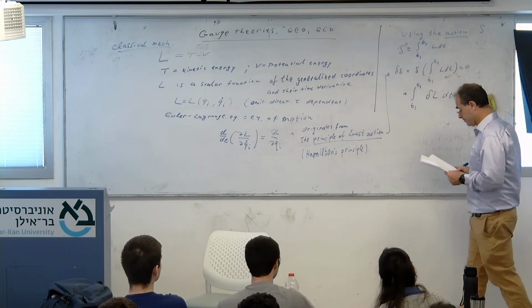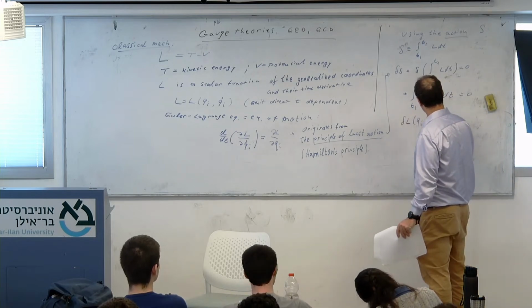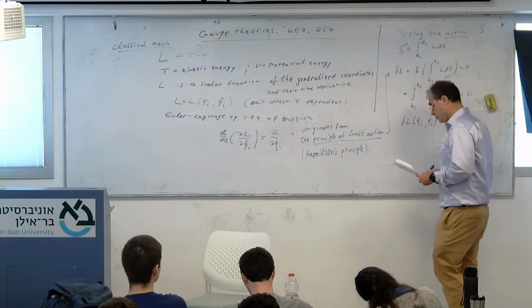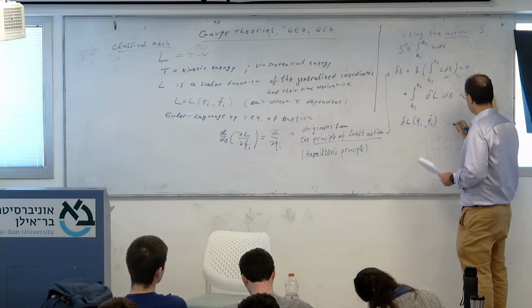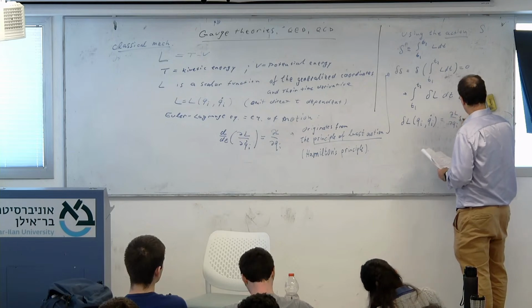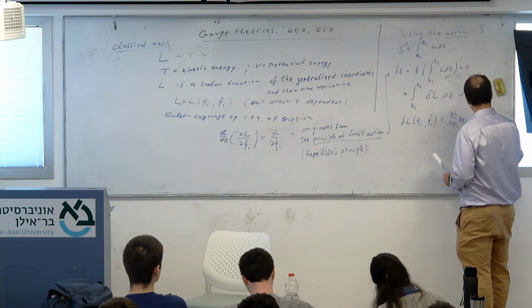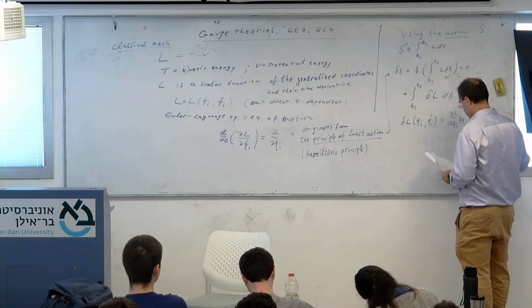And delta L of qi and qi dot is dL over dqi times delta qi plus dL over dqi dot times delta qi dot.